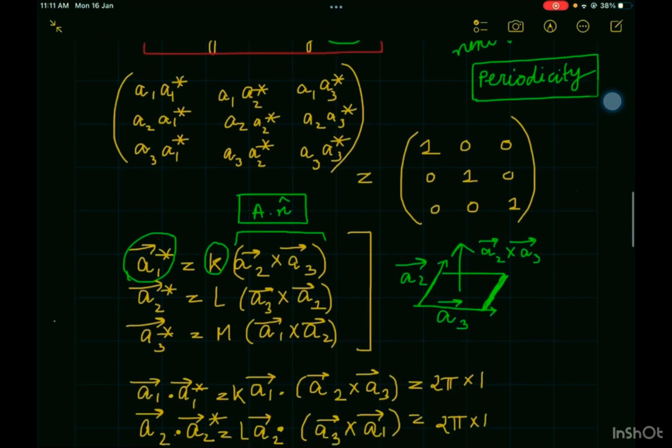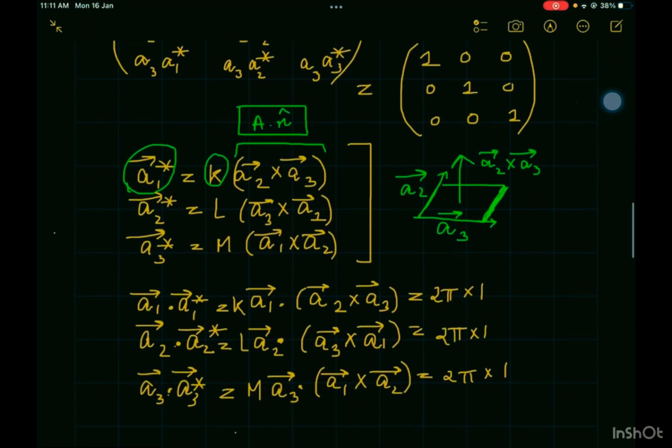Now, if a vector is perpendicular to two other vectors, then it must be parallel to the cross product of those two vectors, and that is what we come to in the next step. a1 star is equal to k times a2 cross a3, where k is nothing but a proportionality factor.